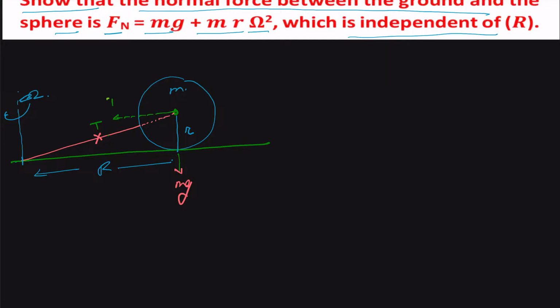Let us call this our T of x, and this our T of y. Okay, so these are the various forces that will be acting on it. Okay, I forgot to mark the normal, so there will also be a normal, and that is given as our F of n. Okay, that is given to us.